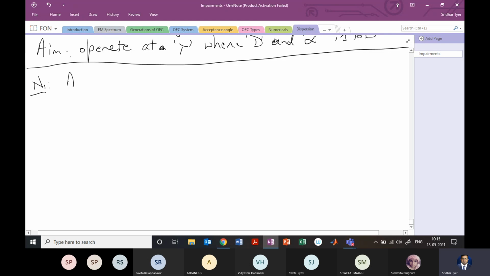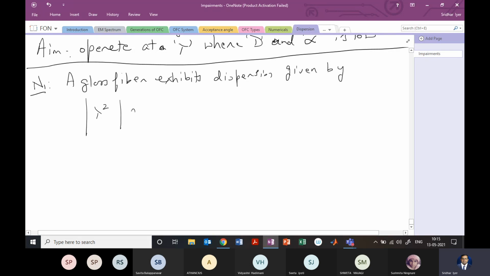A glass fiber. The question is, a glass fiber exhibits dispersion given by, so they have given the equation here, which is the modulus of lambda square d square n1 by d lambda square.